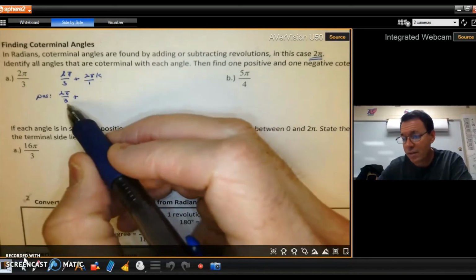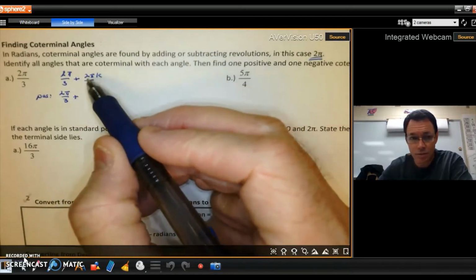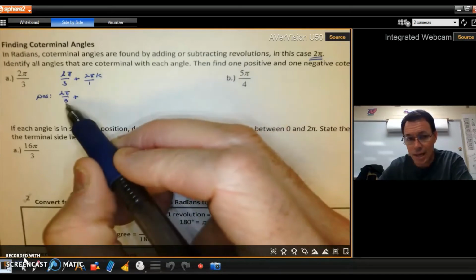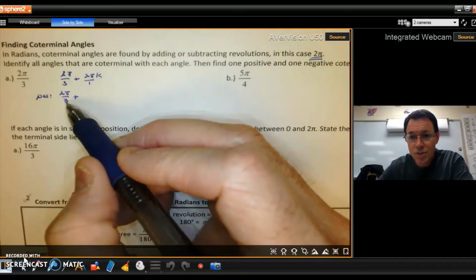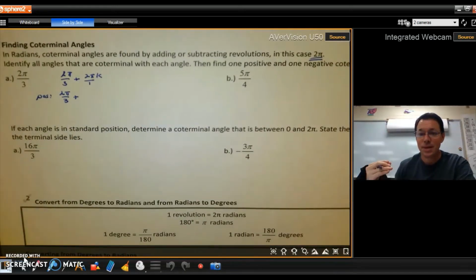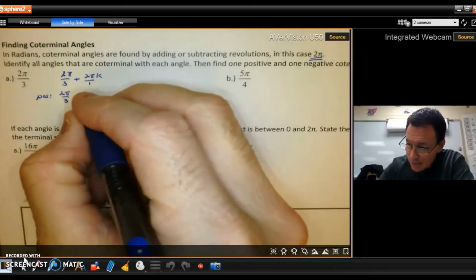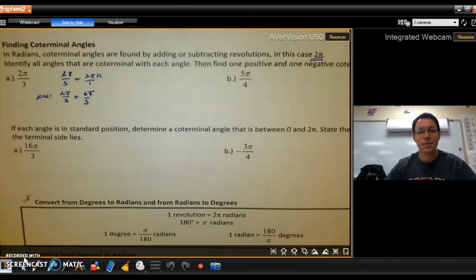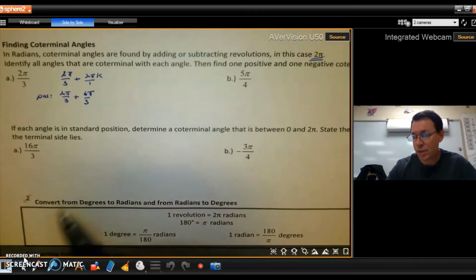So think of how you would write a fraction that is equal to 2 that has a denominator of 3. Here's the trick. You just need the numerator to be twice as big as your denominator. 6 pi over 3 is going to be the exact same as 2 pi. They're going to be equal to each other.